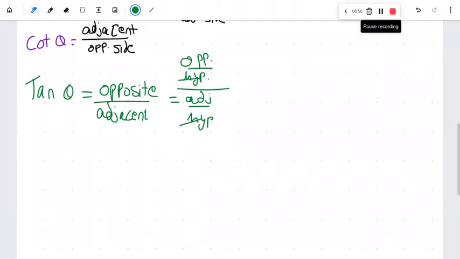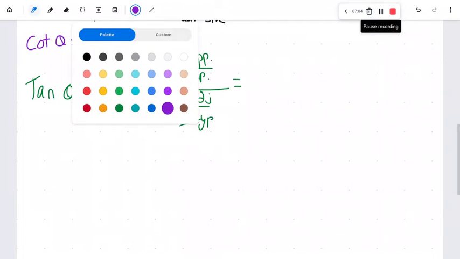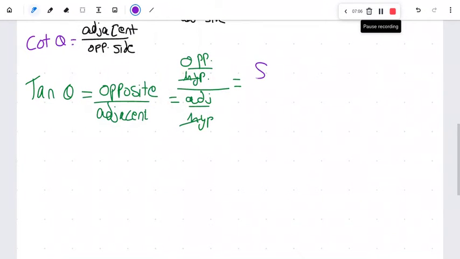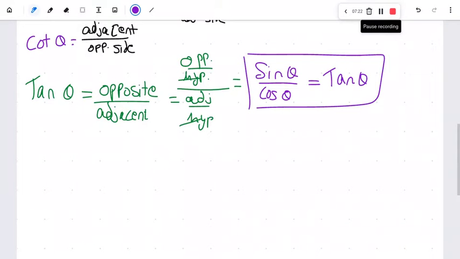The hypotenuse gets cancelled out. I get opposite by adjacent only. When I talk in terms of ratio, opposite by adjacent is nothing but sine theta divided by cos theta, since opposite by hypotenuse is sine theta and adjacent by hypotenuse is cos theta. This means that sine theta divided by cos theta equals tan theta. So this is one important relation.